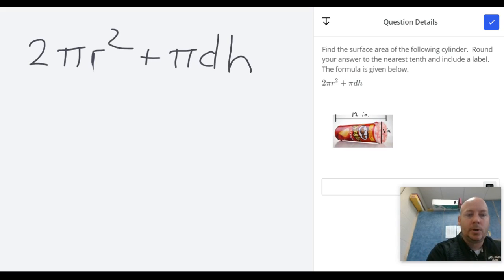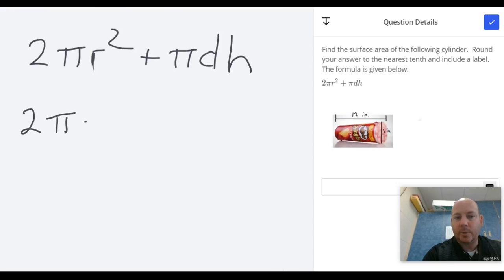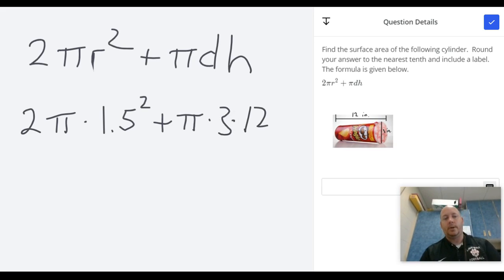Okay. So 2 pi. Our radius is, we have a diameter of 3, so our radius is 1.5 squared plus pi times our diameter, which is 3, and our height is 12. Okay? And then grab your calculators and just use your calculator to do these calculations.